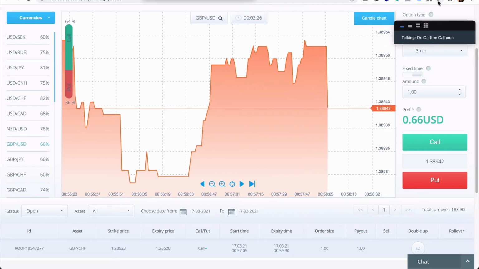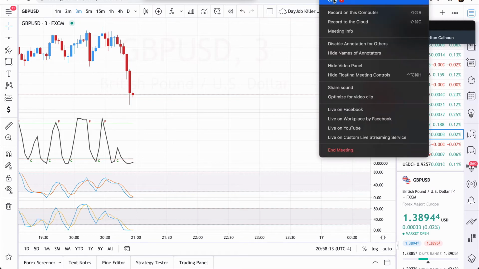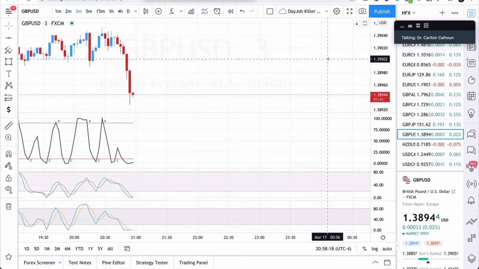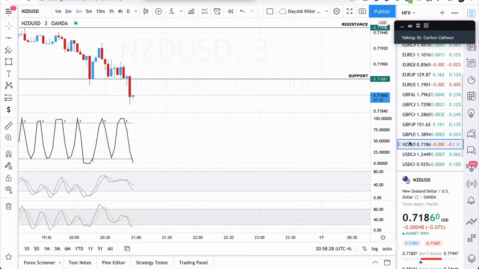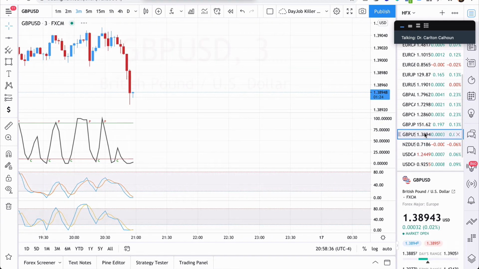Oh, we're in good profit on GBP CHF. All my 1-2 minute people, you all should be clearing. That'll make it 2-0 for the session. Good job. Let's see what else we can find. NZD. Let me clear that. I don't want to mess with that again.